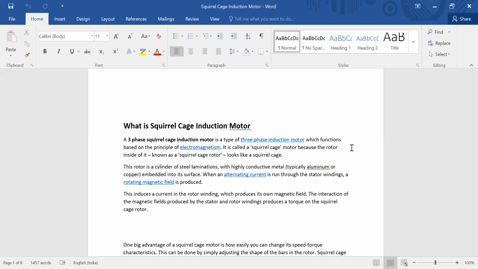The three phases are displaced by an angle of 120 electrical degrees.